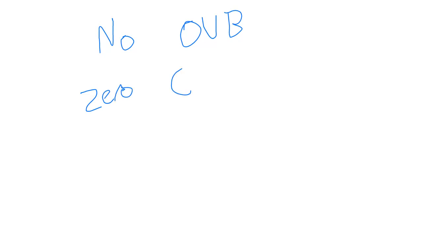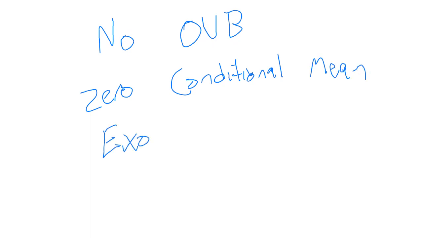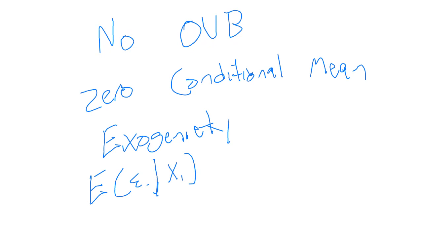So you can just know that no omitted variable bias, zero conditional mean, exogeneity, this expression, and this expression are synonymous.